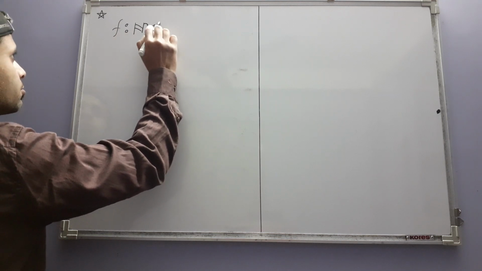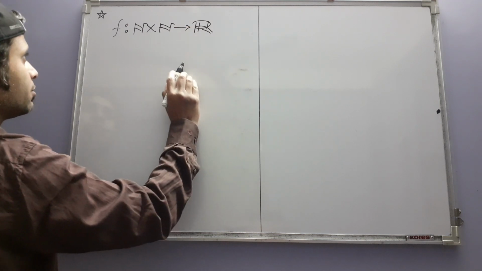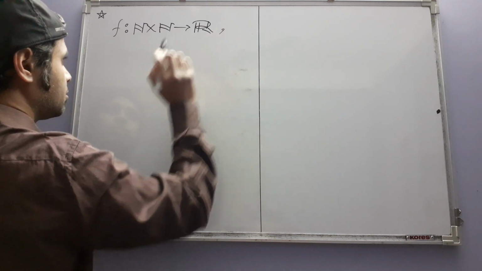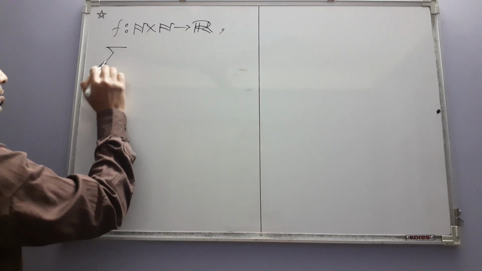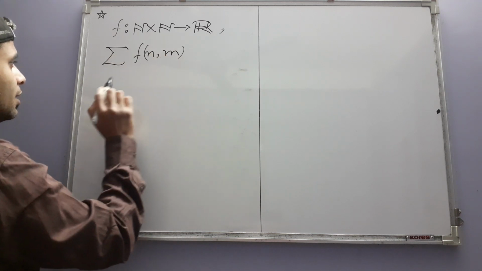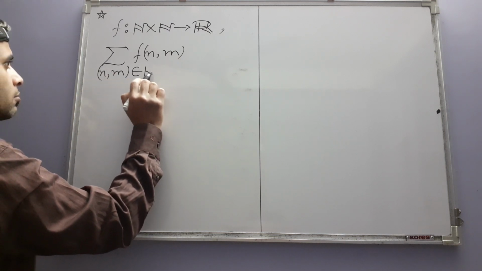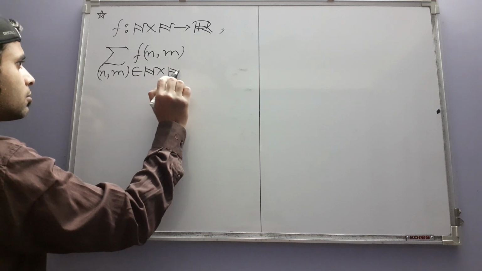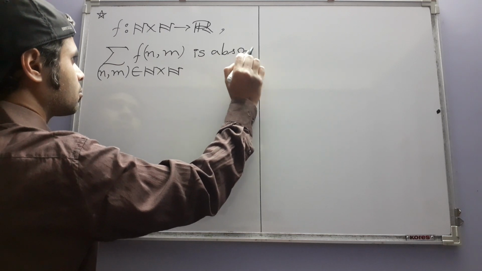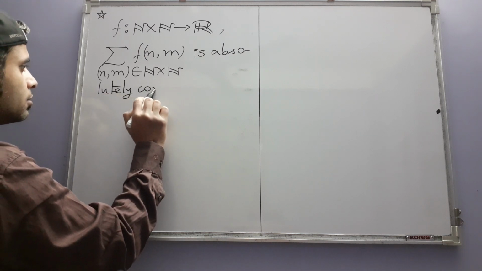right? A function which looks like this. A real valued function whose domain is the Cartesian product, such that this infinite sum is absolutely convergent.